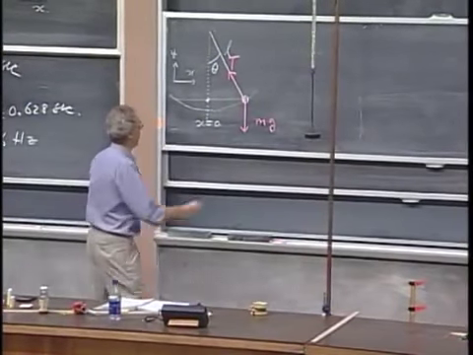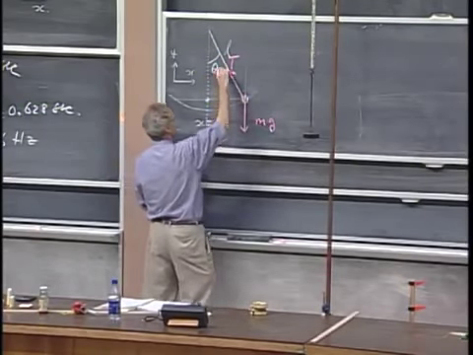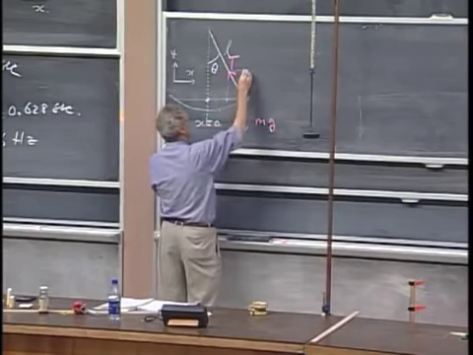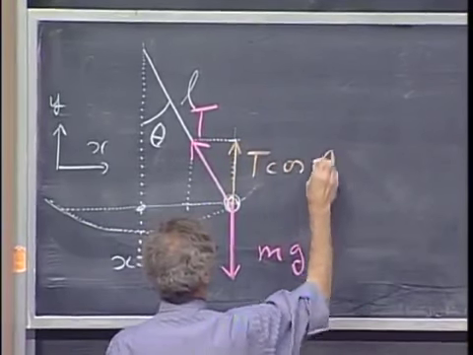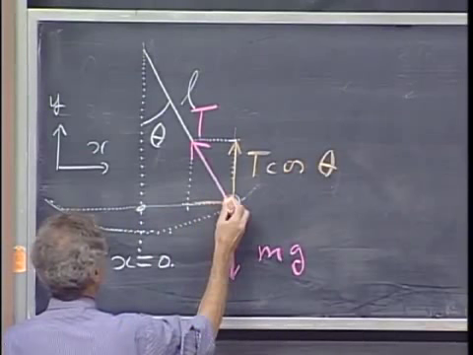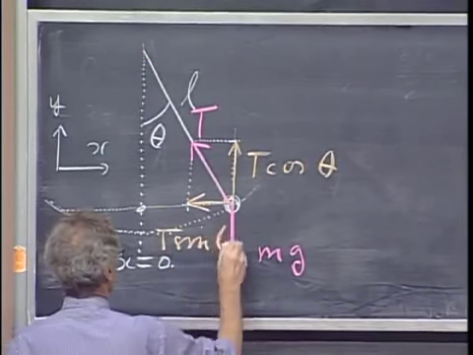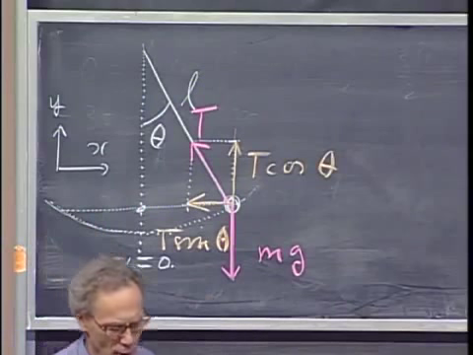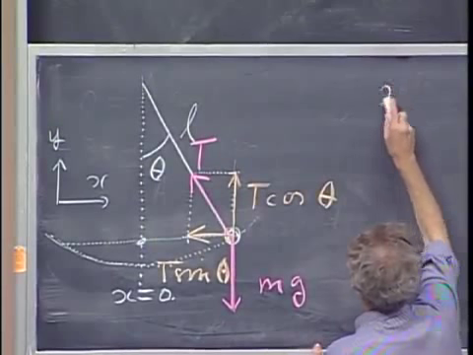So this is going to be the y component, the x component. So this y component equals T cosine theta, and the x component equals T sine theta. And now I'm going to write down the differential equations of motion, first in the x direction.